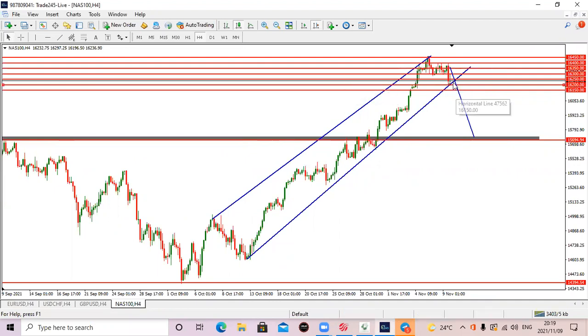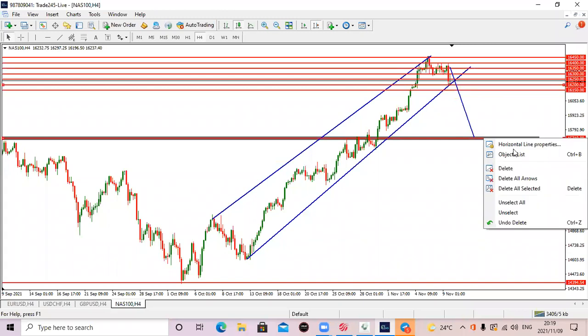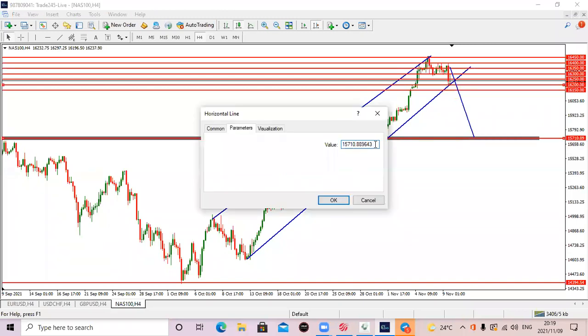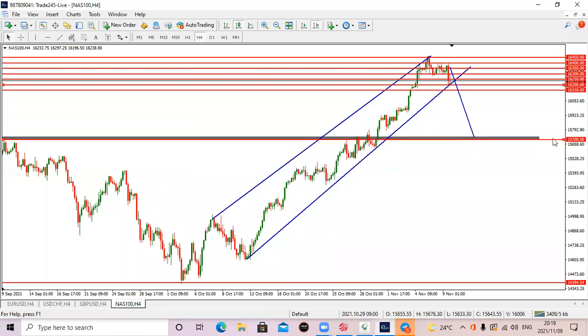I'm saying in case it breaks, then our target can be that price of 156, which is actually 157, to that liquidity price. So it can drop to our 100, which is that one.